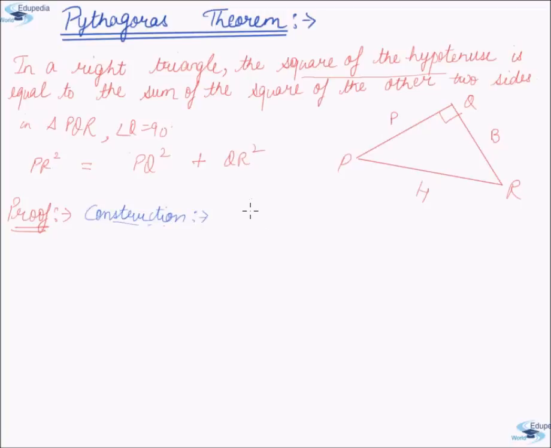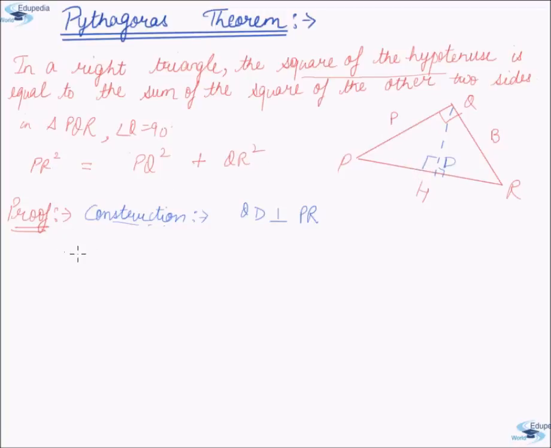That is, construct a perpendicular QD on PR. Now since QD is perpendicular to PR, these two angles will be 90 degrees.